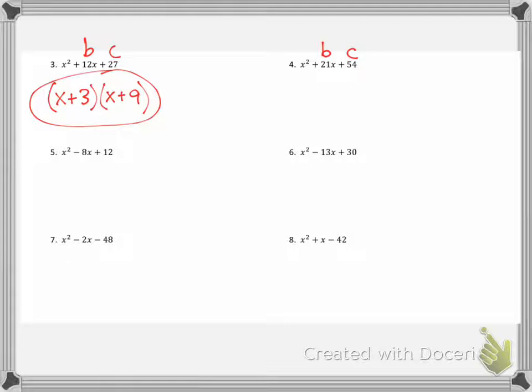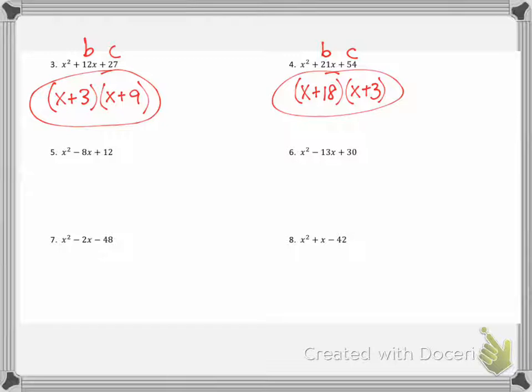Let's think, what else multiplies to 54? 27 and 2 multiply to 54, but when I add that up, that gets 29. So this is an example where there's a couple pairs that multiply to 54, but you might need to think this one through. Other pair that works, 18 and 3. 18 times 3 is 54. 18 plus 3 is 21. So I can write this out as x plus 18, x plus 3.